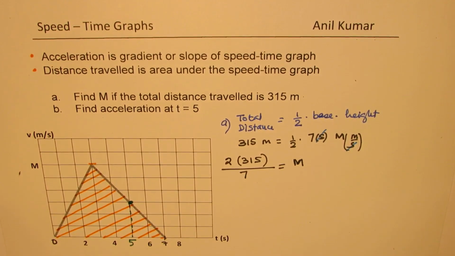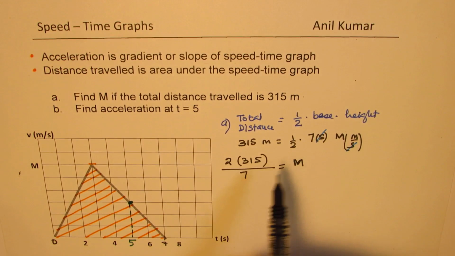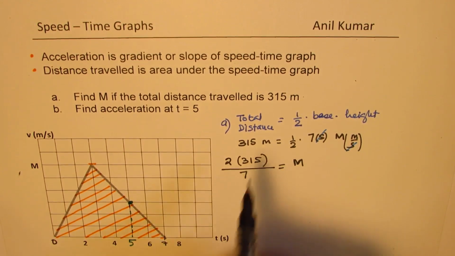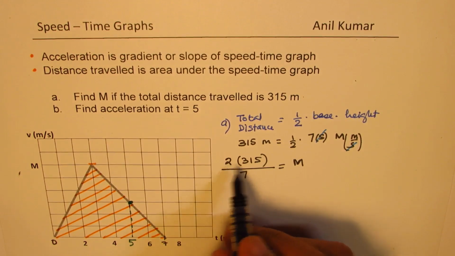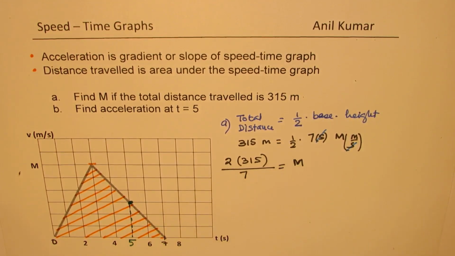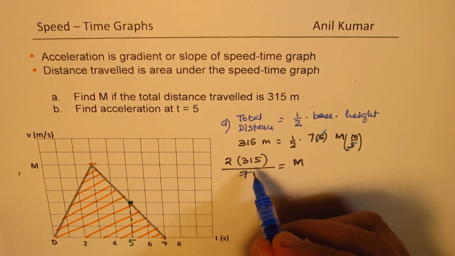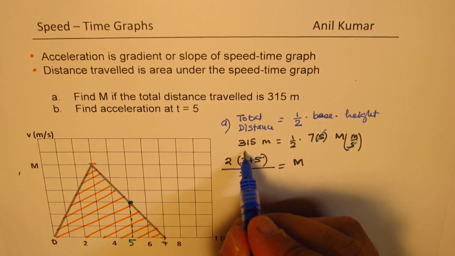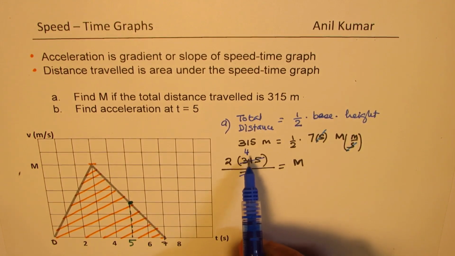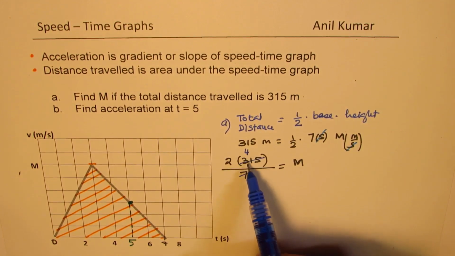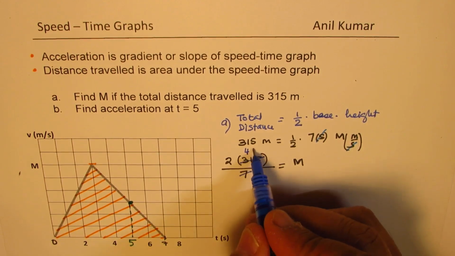Correct? So now dividing by 7, you could just multiply and then divide, either way. So let's divide first by 7. 7 times 4 is 28, and then we have 35. So 35 goes 5 times.